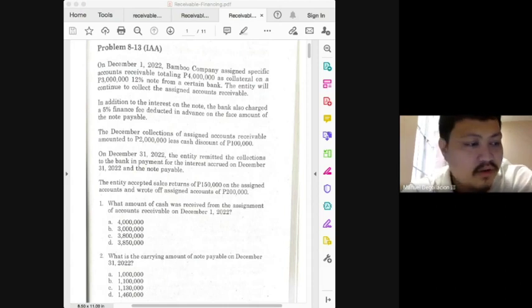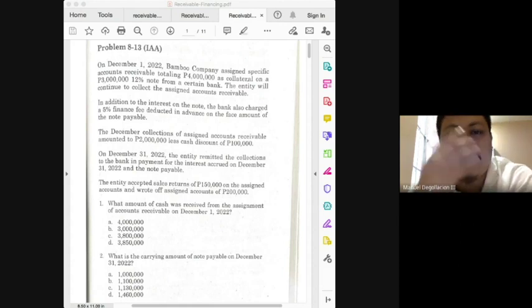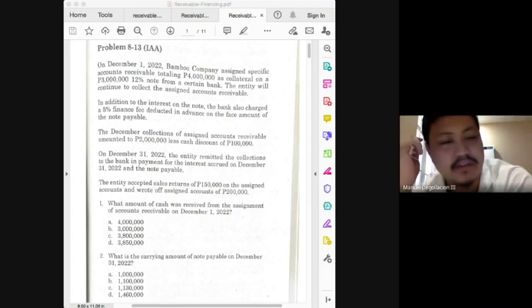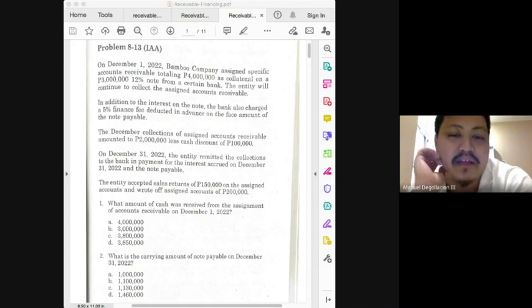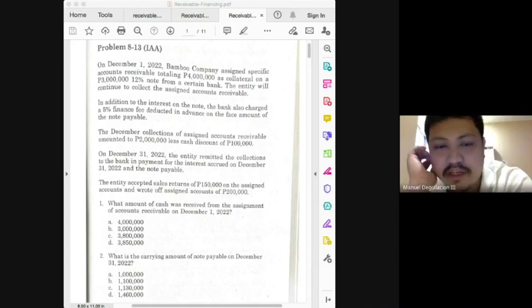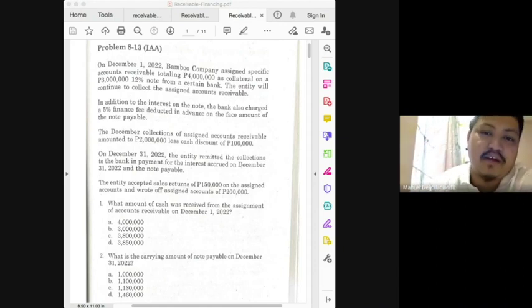And the concept that is being tested is whether or not you know that pledging will not affect your total receivables. It will not even result in any entry as far as the receivable is concerned. Although there will be a disclosure in the notes of the financial statements, as far as your balance sheet or your income statement is concerned, pledging will not have any effect.